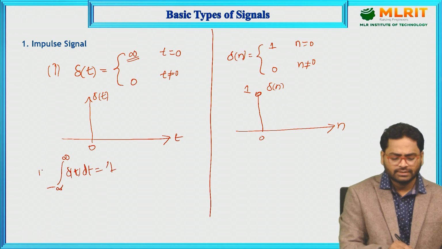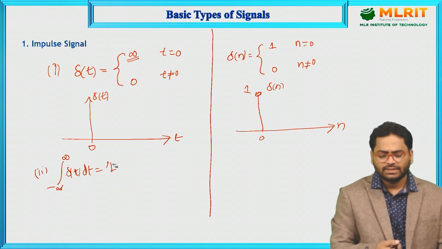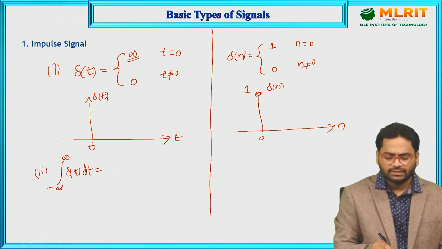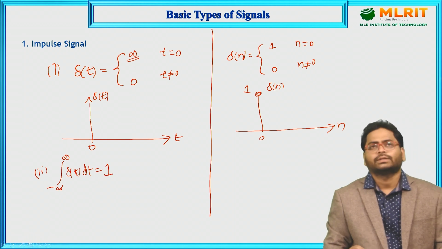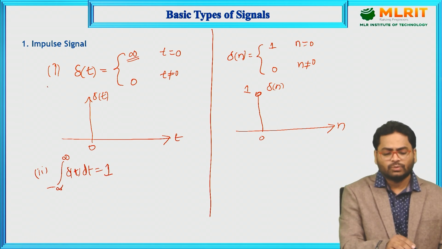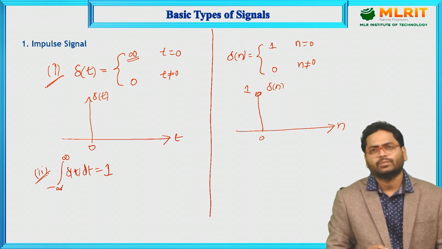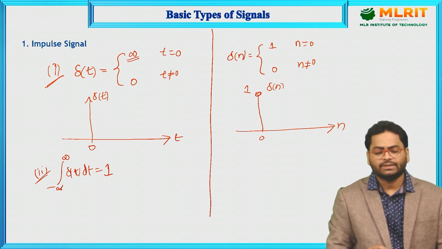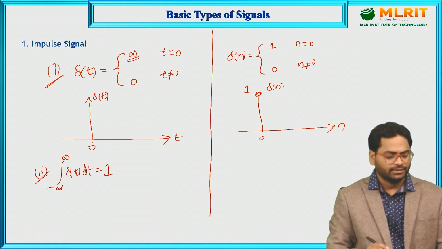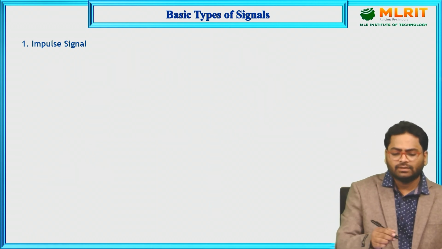The area under the impulse function must be 1. If a signal satisfies these two conditions, then it can be represented as del of t, and it is named an impulse signal.